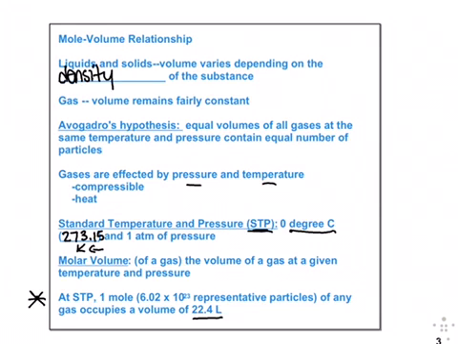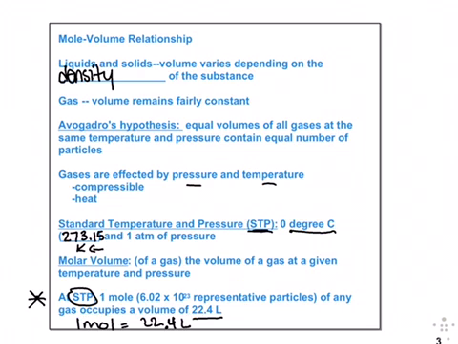This only holds true if you're at standard temperature and pressure, and the problems will tell you if you are at standard temperature and pressure. That 1 mole of any representative particle has a volume of 22.4 liters.